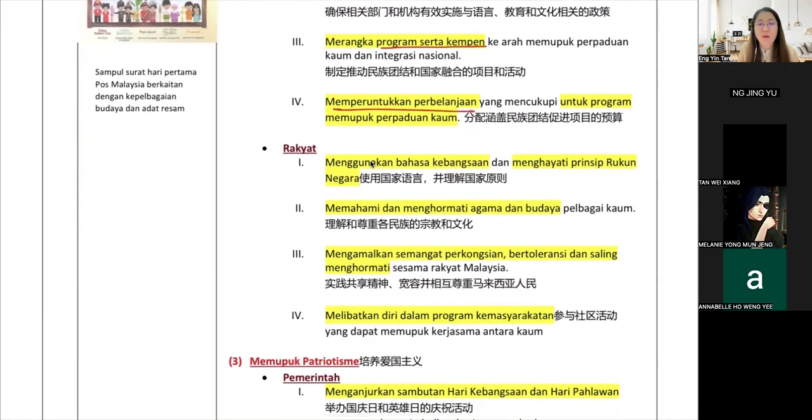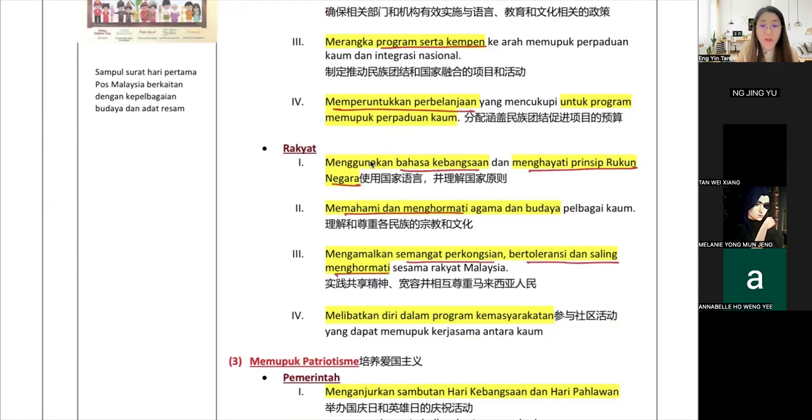As a citizen, what do we need to do? Unity, how do we memupuk perpaduan? Number one is learn the language and follow the rules. This way is considered 1 mark. Understand and respect each other's culture and religion. We must have the semangat of perkongsian, toleransi, and saling menghormati.